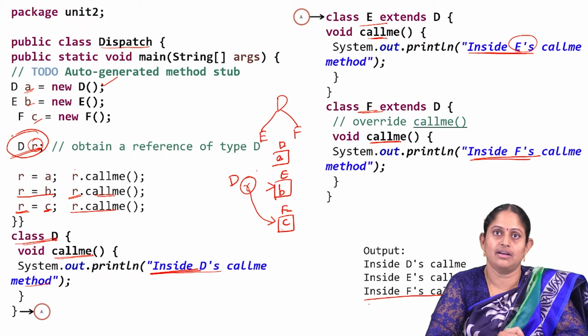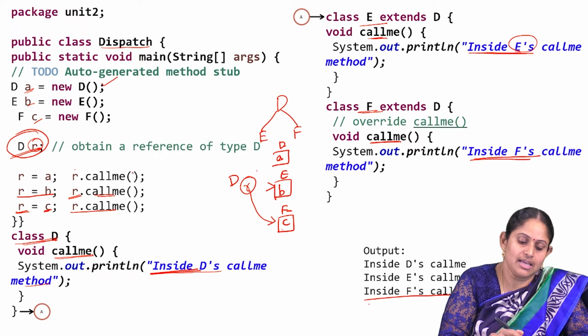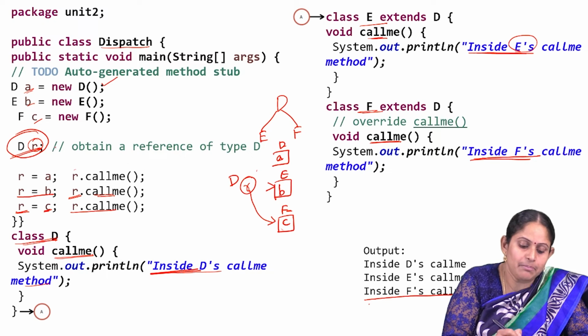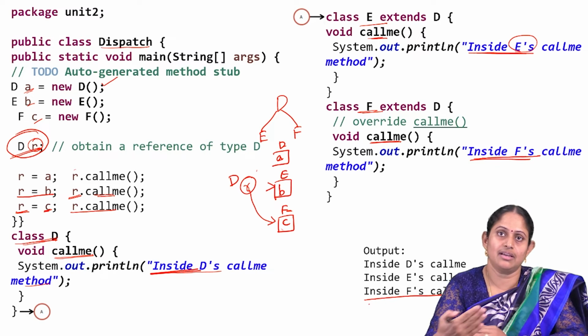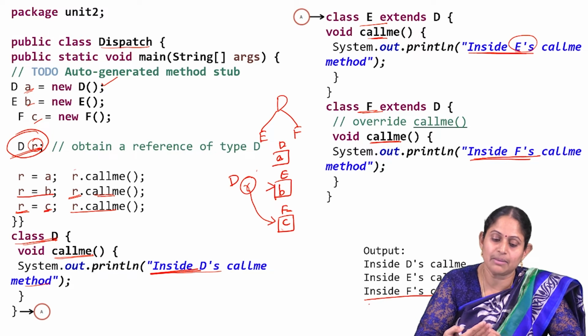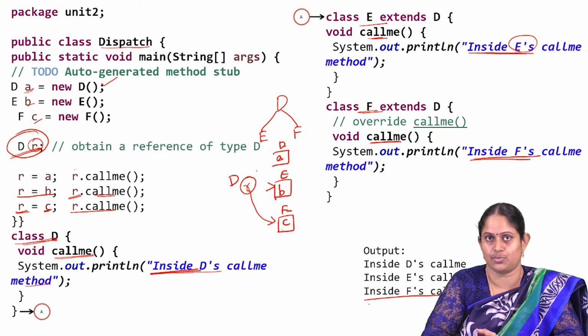Okay. So here, at runtime, even though we are using the object reference of the parent class, it will be invoking the methods of the object to which it is pointing, right?